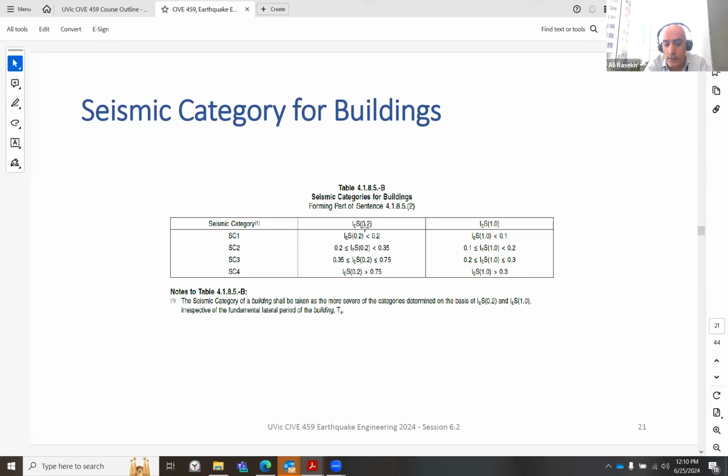Based on the importance factor multiplied by the spectral acceleration at short period, and importance factor multiplied by spectral acceleration at a long period, which is 1 second. So 1 second versus 2 seconds.